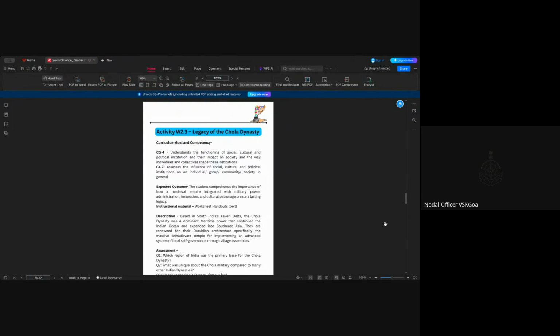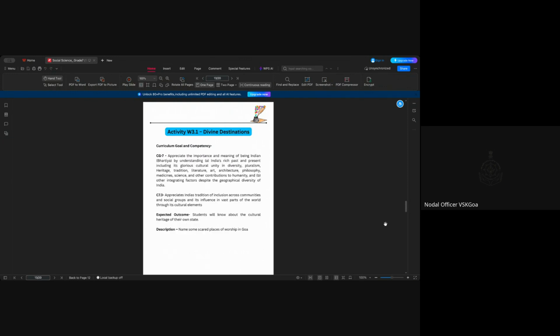Let us proceed to week 3. For week 3, we have the activity called divine destination. Here, the focus is on understanding India's rich past and present cultural unity and diversity.